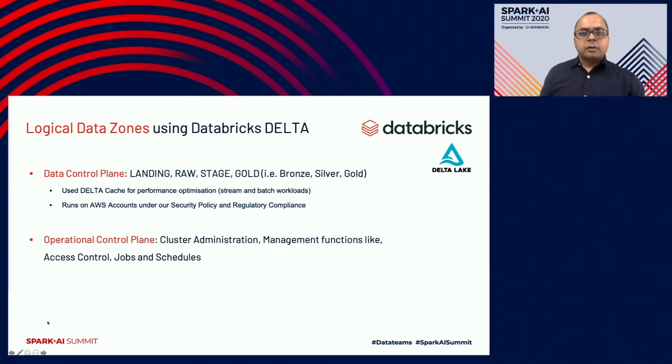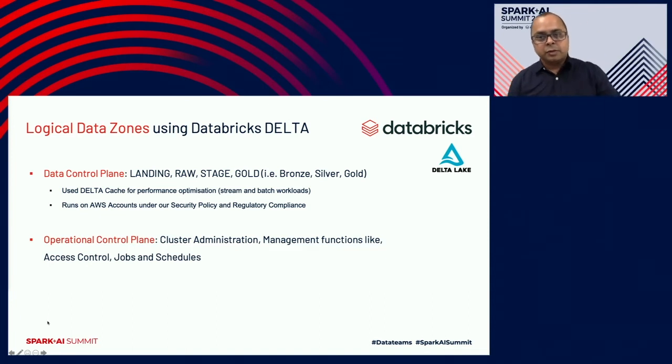Now, the operational control plane is basically a place where we deal with things like how the data can be securely accessed by the various teams involved, the necessary administration setup to facilitate seamless data access, and how the content is going to be actively managed through an internal management UI, etc. Broadly speaking, we have two types of teams requiring access to data and the Databricks platform: engineering teams and operations teams.